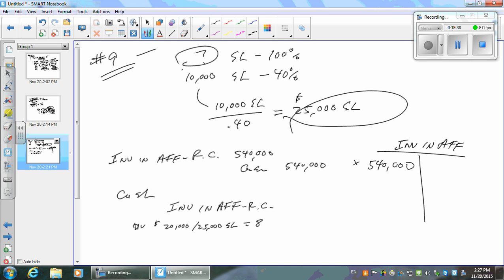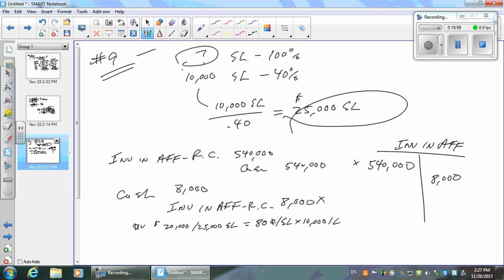Okay. How many shares do we own? 10,000 shares. How much are we giving ourselves? $8,000. How much has the investment been reduced by giving ourselves the $8,000 cash? $8,000. Everybody got it? That's that.